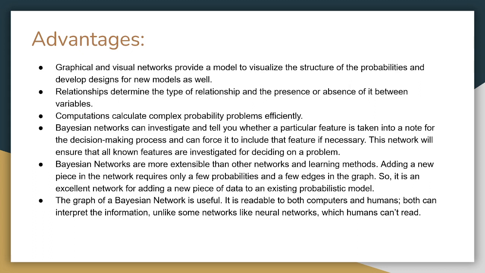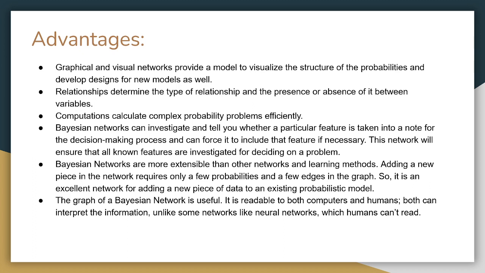These are the advantages. Graphical and visual networks provide a model to visualize the structure of the probabilities and develop designs for new models as well. Relationships: it determines the type of relationship and the presence or absence of it between variables. Computations: it calculates complex probability problems efficiently.